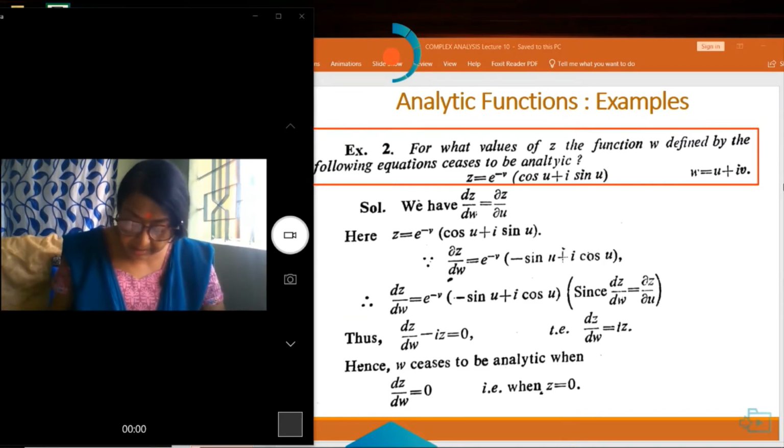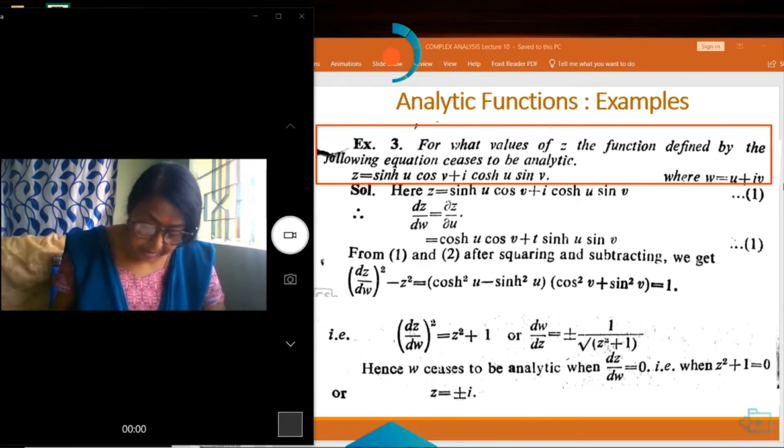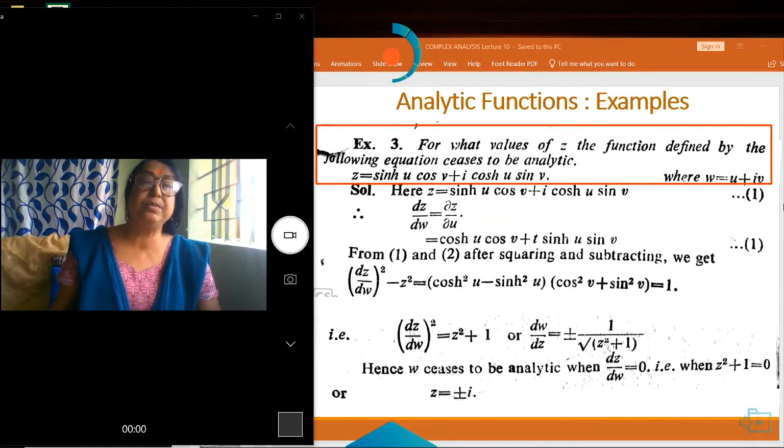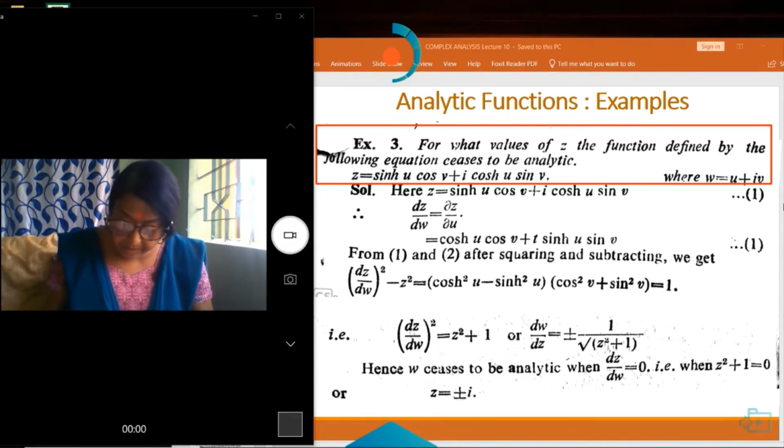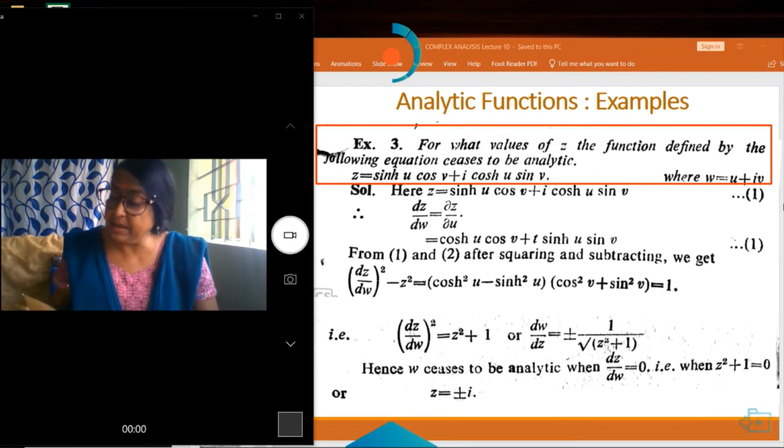Now, another example. For what value of z does the function defined by this equation cease to be analytic? Today we are doing when an analytic function ceases to be analytic. z is given. So again, it is a function of u and v. So dz/dw = ∂z/∂u. After finding ∂z/∂u and replacing it, we get the function as shown.